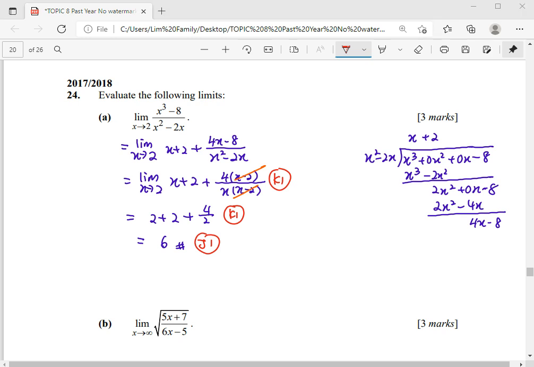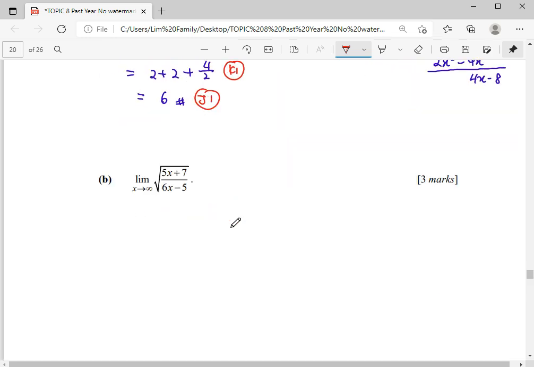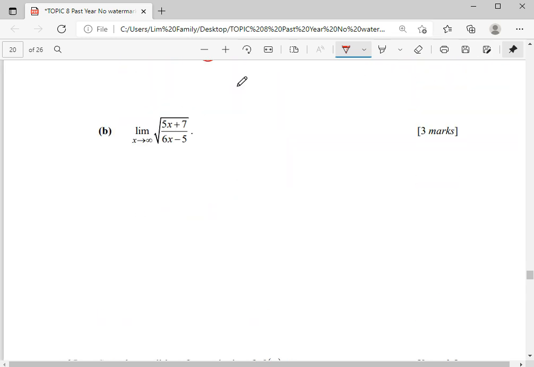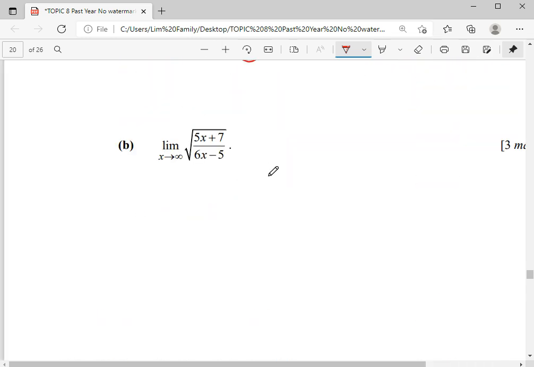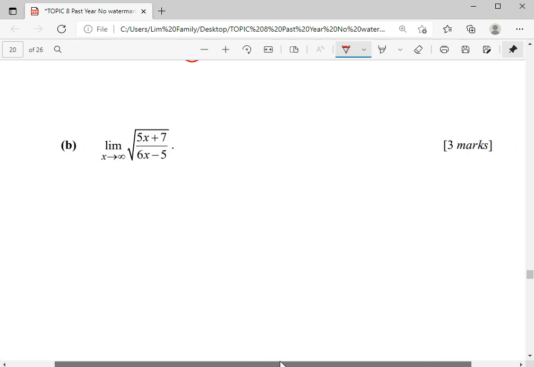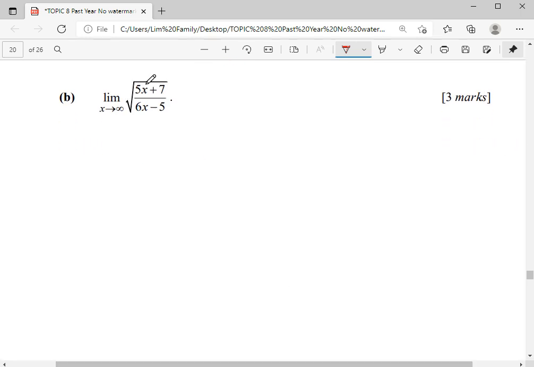For question B, when we have a limit at infinity, of course we will try to substitute infinity here. When I substitute infinity inside our function, it will be infinity over infinity. So this is also IDF form. When we have IDF form, how do we solve the limit at infinity?